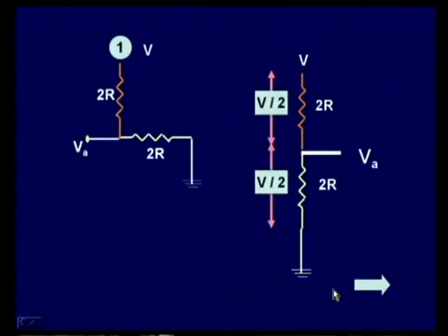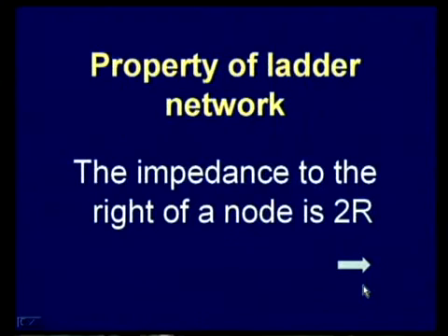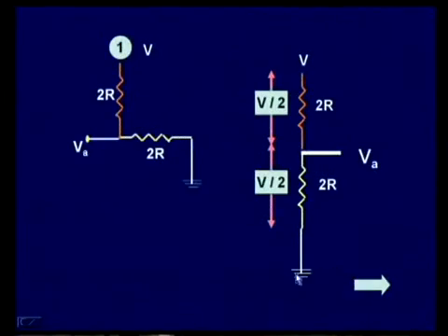From our previous discussion, the impedance to the right of a node is 2R. Hence, to the right of this node, the impedance is going to be 2R. Now, if you place these in a more systematic manner, you can see the arrangement is the same as this 2R and this 2R placed like this, and a digital value of V equivalent to logic 1.